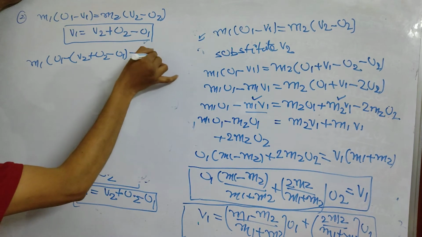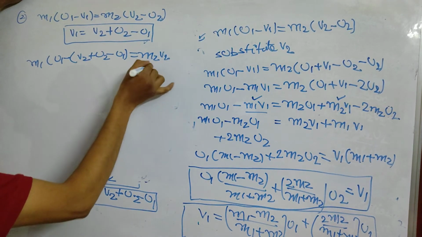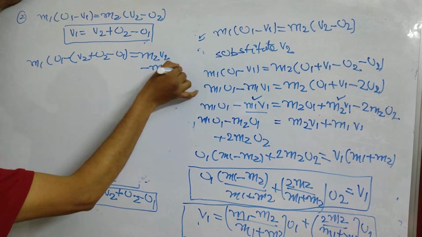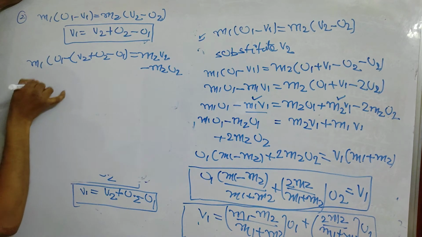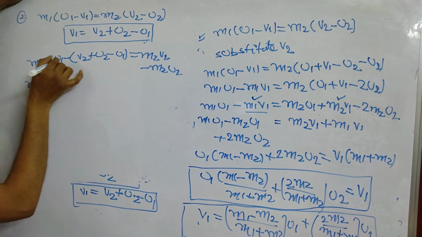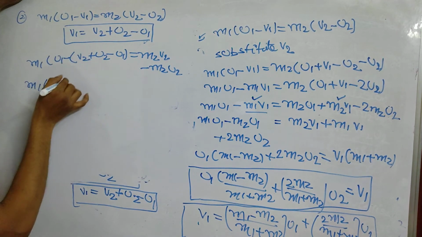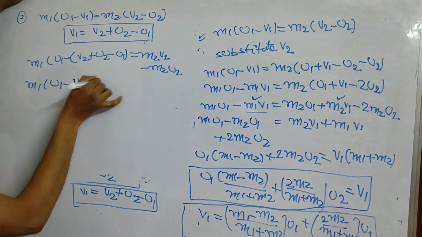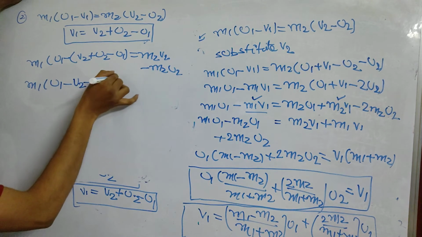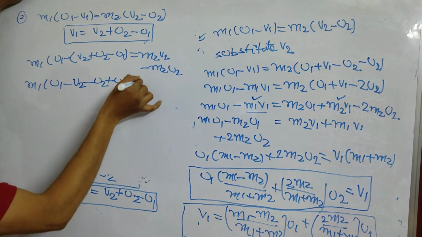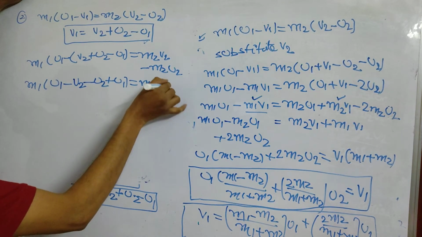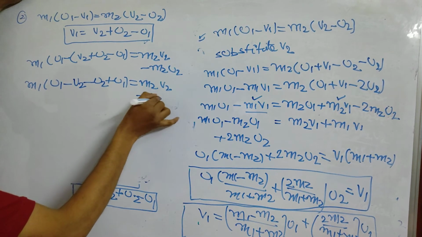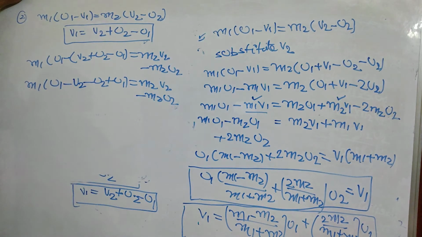Right side expand now: m2 v2 minus m2 u2. Now m1 of u1, first level, simplify this, minus multiply the value inside the bracket, minus v2 minus u2 plus u1 equals m2 v2 minus m2 u2. After substitution is over, that is why I removed this.